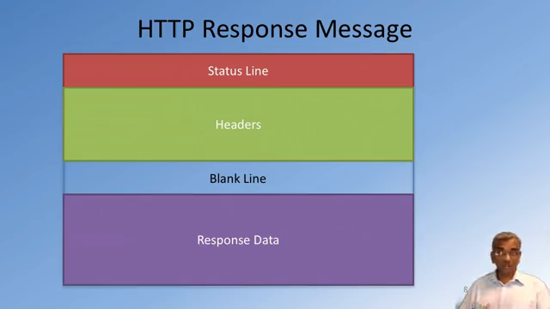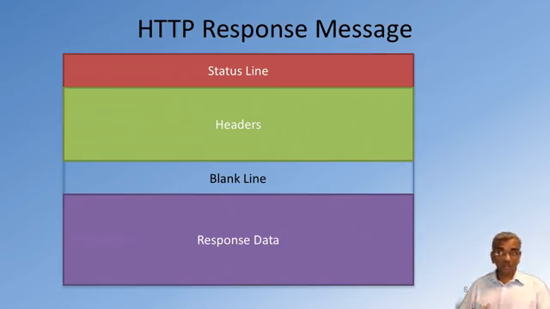And then the header will contain additional directions to the client side, including information about how the actual body of the message is encoded. Then the body may contain, if you have requested the index.html page, the HTML code for the index.html page, as you see in this example here.